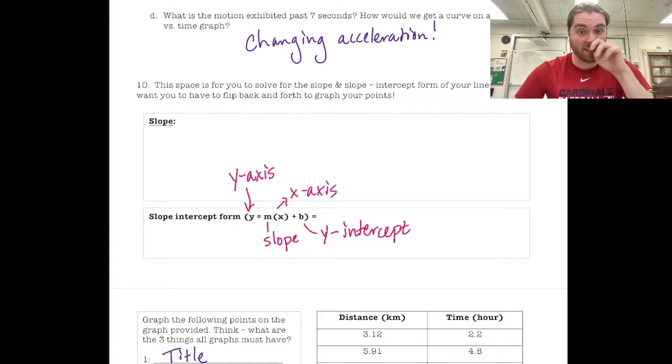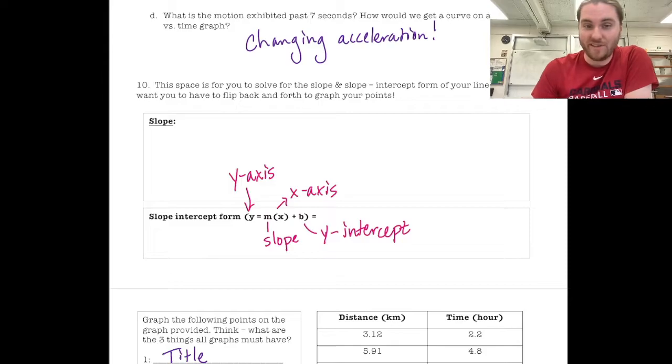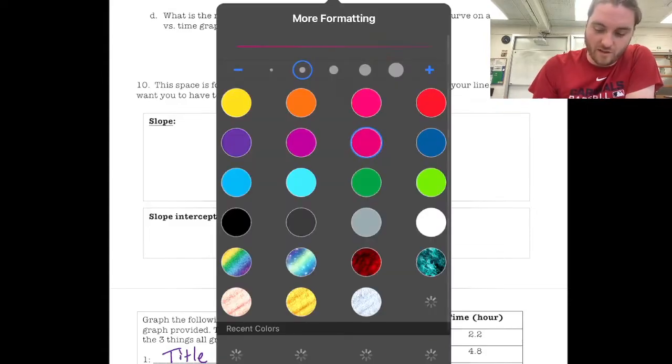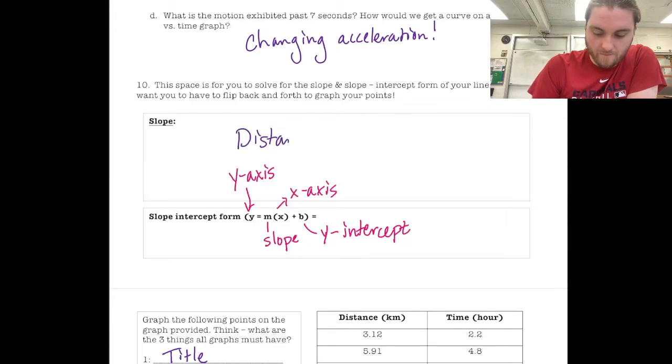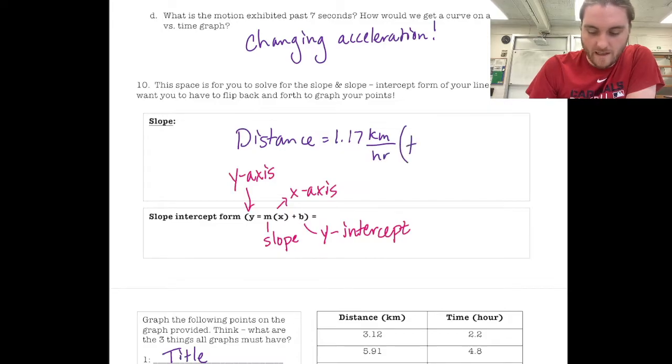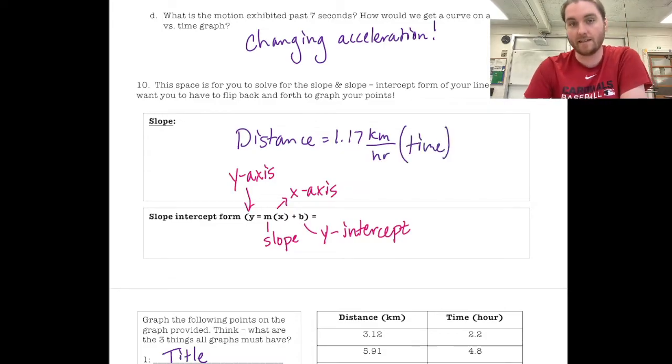So if I am plugging this in by itself, I would start with my y-axis. Here, let me change color back to purple. My y-axis is distance. So I would write distance equals my slope, which is 1.17 kilometers per hour, multiplied by the time, my x-axis, plus my y-intercept.